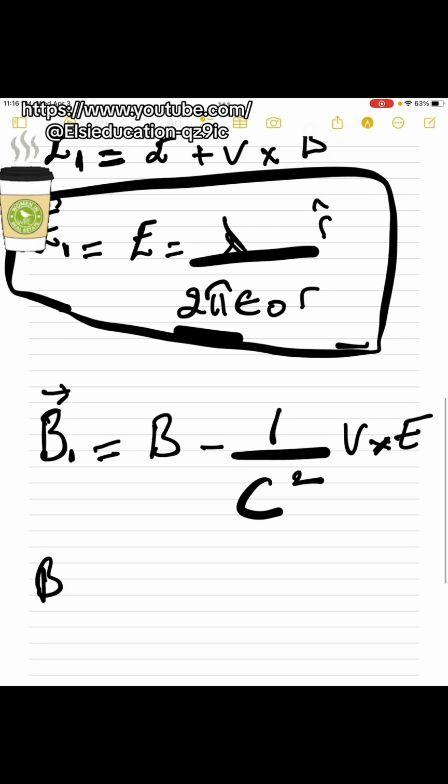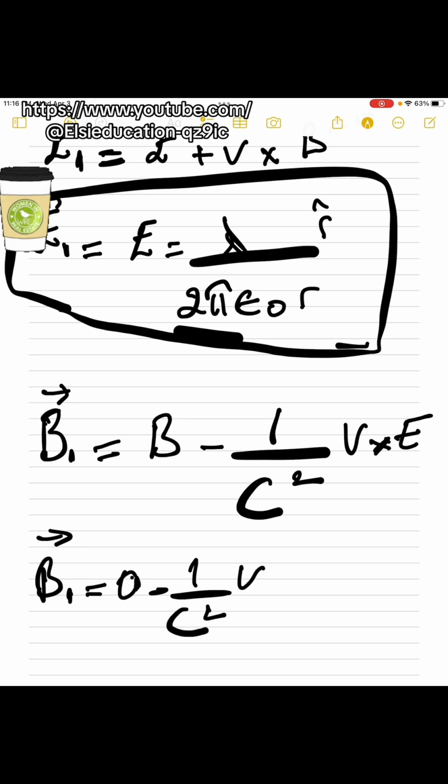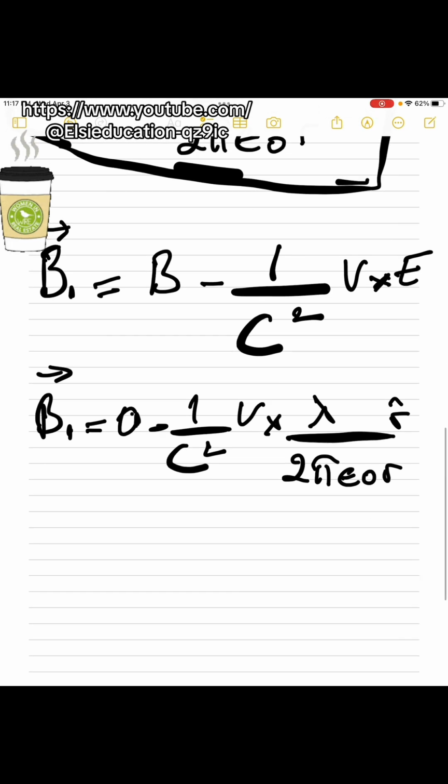As we know, the magnetic field is 0, so it is minus 1 over c square multiplied by the speed multiplied by the linear density divided by 2 pi constant divided by the radius multiplied by the distance.